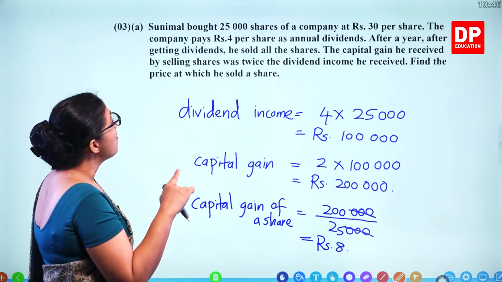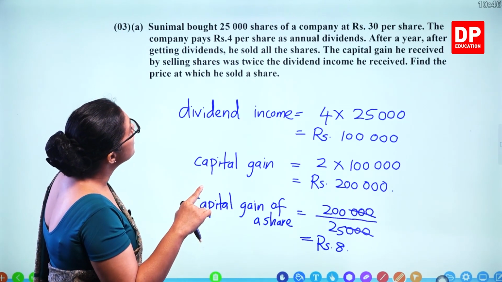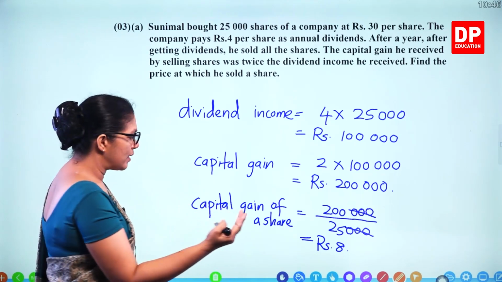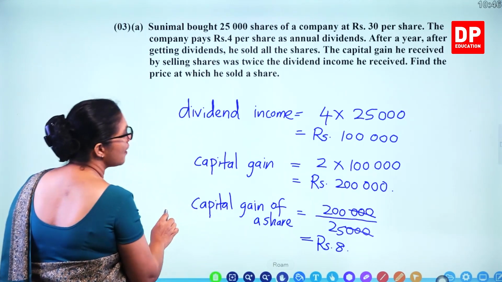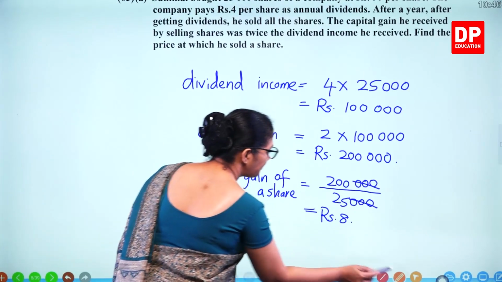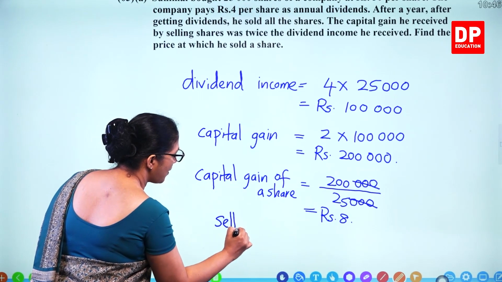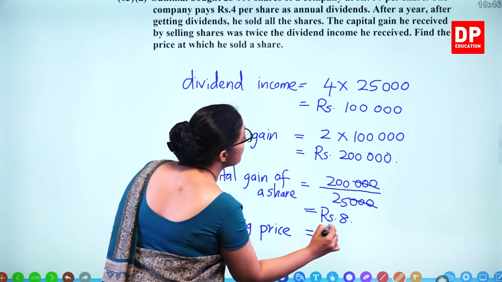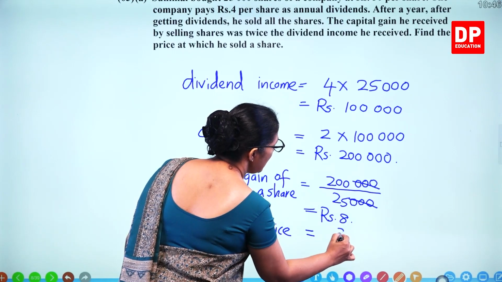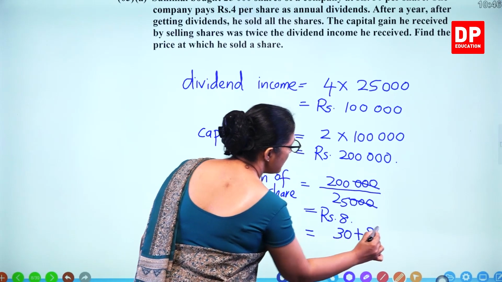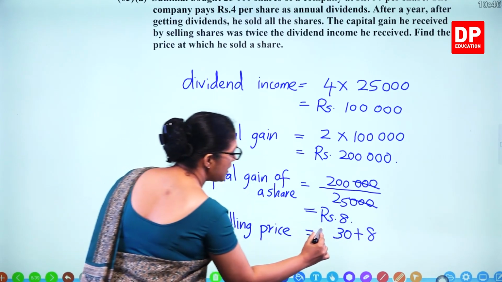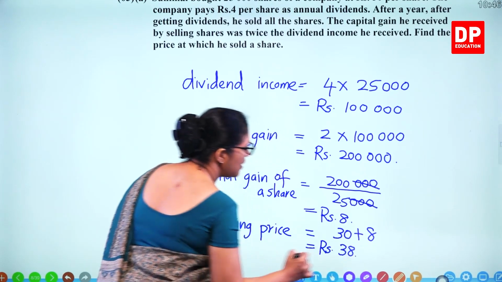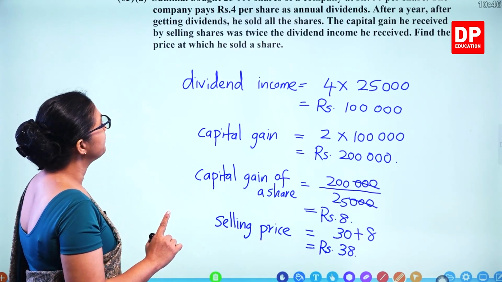So buying price here is 30 rupees. So 8 rupees more. So what's the selling price? 38 rupees. So the selling price is equal to, this is buying price 30 and capital gain per share is 8. So the selling price should be 38 rupees per share.